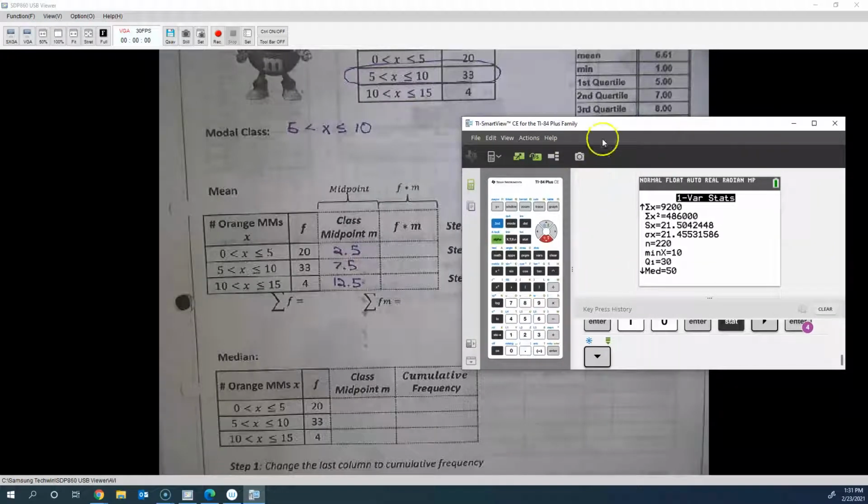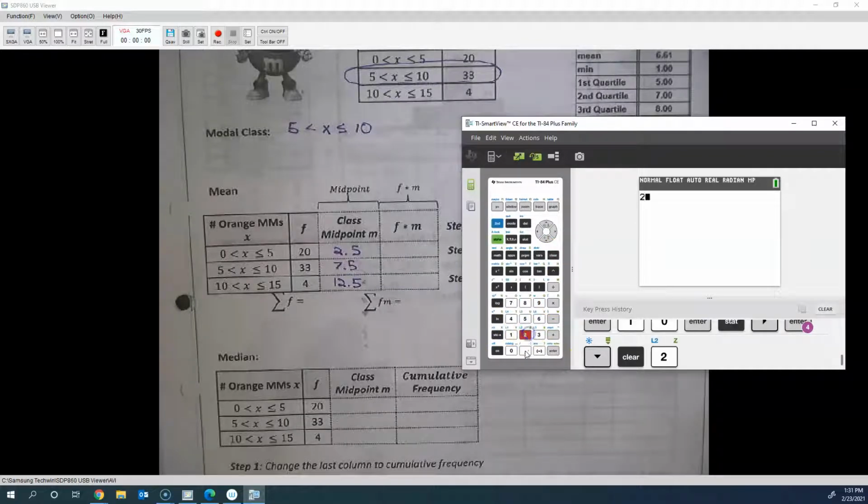So to get this last column here is just the frequency times the midpoint. And then the next one, the frequency times the midpoint. And the frequency times the midpoint.